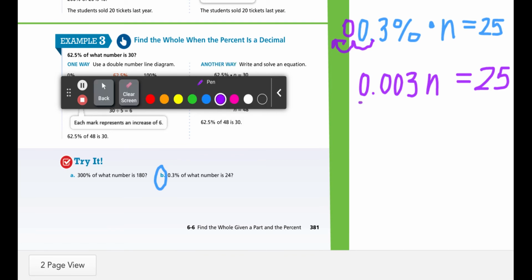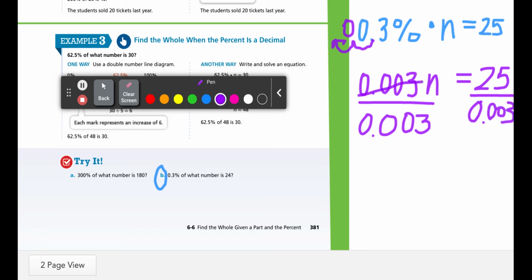So we are going to divide both sides by 0.003. And what does n equal?